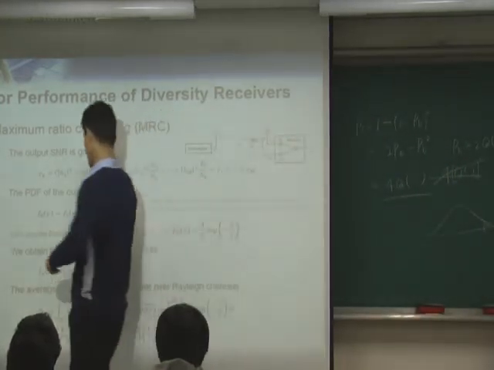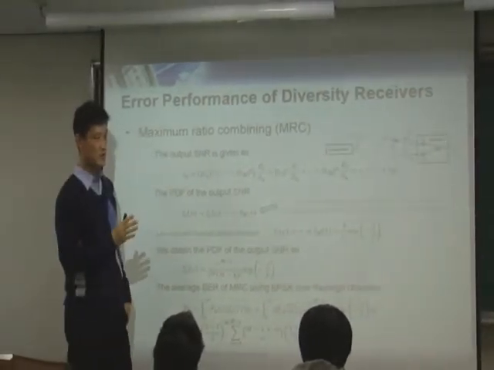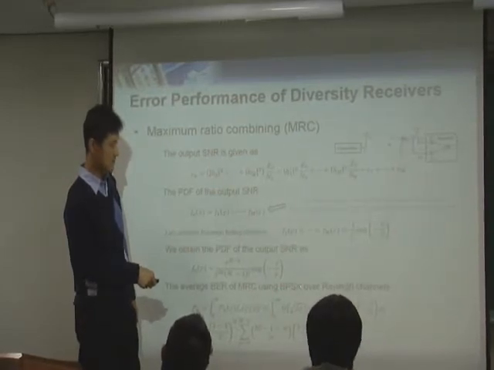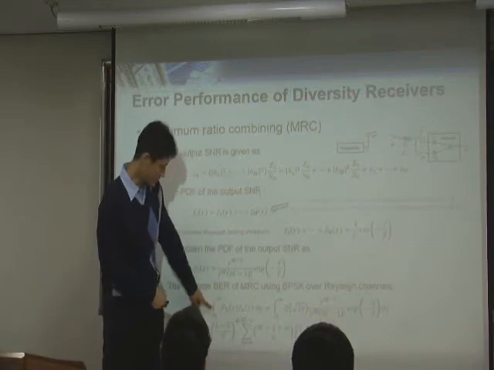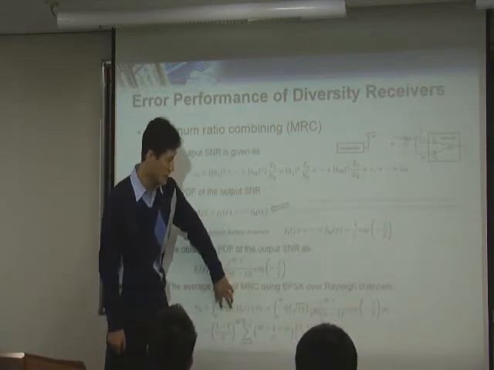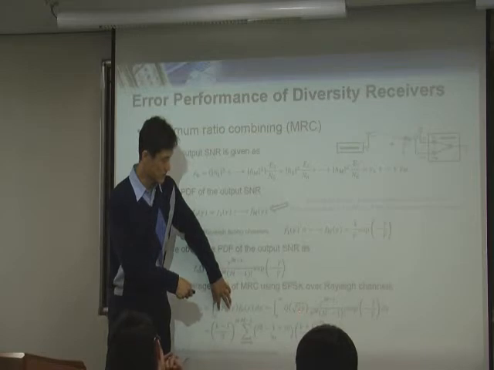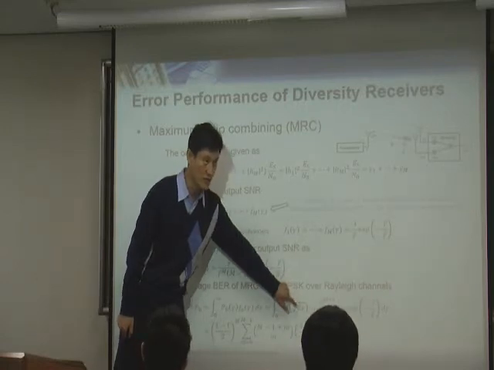In order to find the bit error rate, we have to assume a modulation, so let's assume BPSK. This is the bit error rate for AWGN: the Q function, Q of root 2 gamma, where gamma is the SNR. That's the BER for BPSK in AWGN.